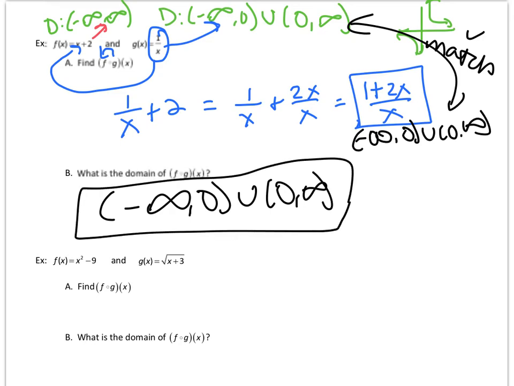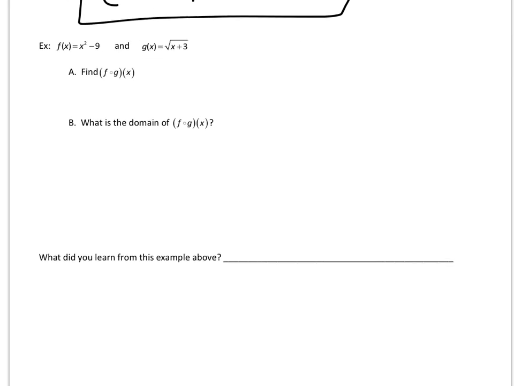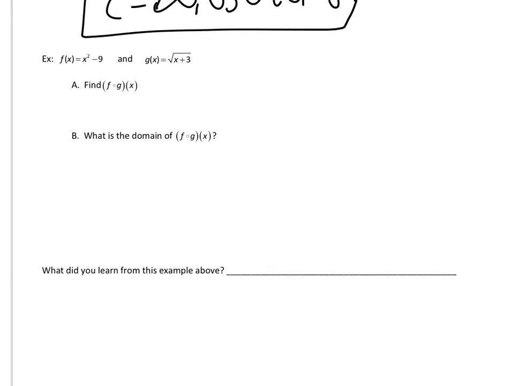However, when we get down to this example, you're going to have something weird. X squared minus 9 is a quadratic, so the domain is all reals. A square root moved 3 to the left has a domain of negative 3 to infinity.